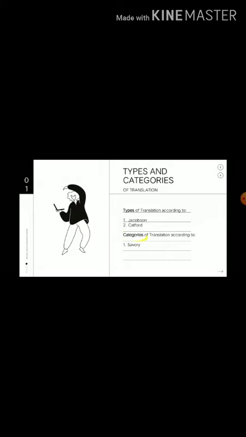And for the categories of translation, we will discuss according to Savory. First, Jacobson divides the types of translation into three types: intralingual translation, interlingual translation, and intersemiotic translation.